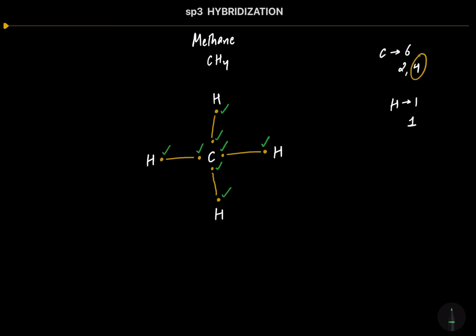So the carbon also attained the 8 electrons, that is octet, in its valence shell after the formation of 4 bonds with the 4 hydrogens. Now here in total we are having 4 covalent bonds, and all are the sigma bonds, that is 4 sigma bonds.